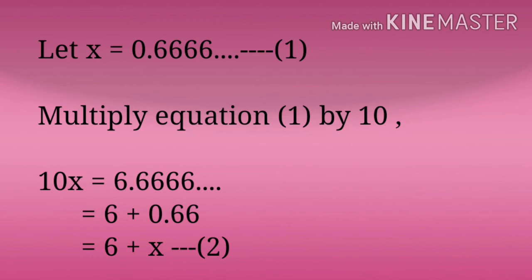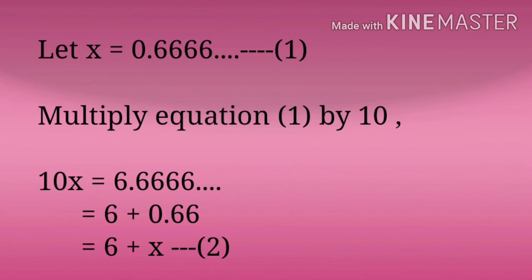Now write this. Suppose the number is 1.272727, etc. So which is the number you have to take here to multiply? Is it 10? No. Why?